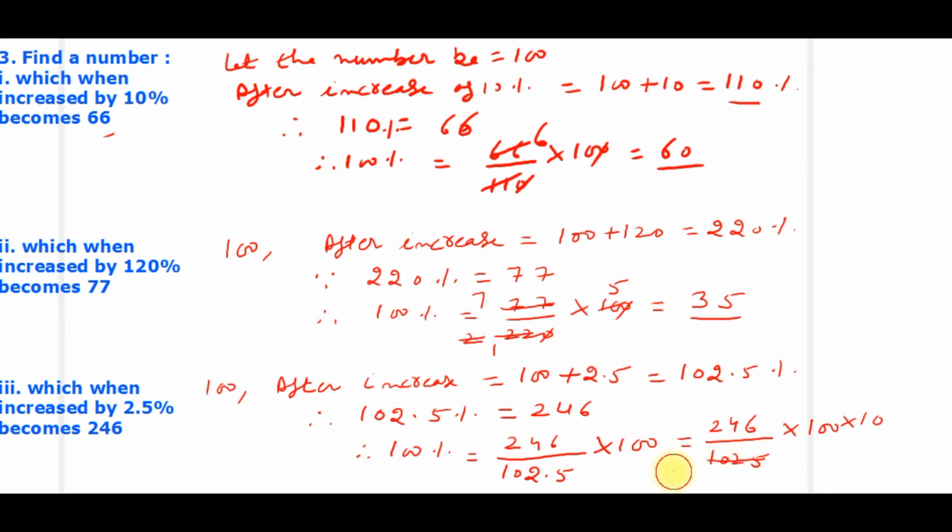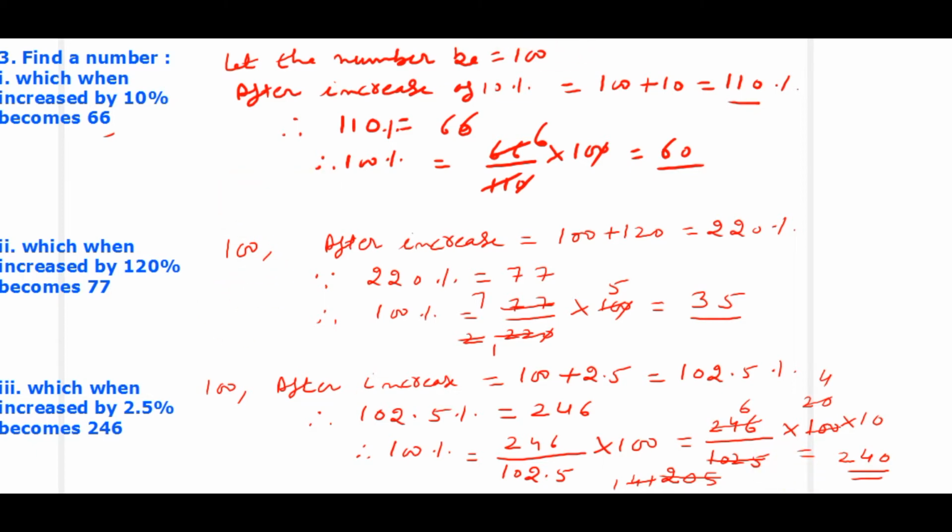So 5 2s are 10, 5 4s are 20, and so on. So our number would be 24 into 10, 240. Right? So this was our question number 3.